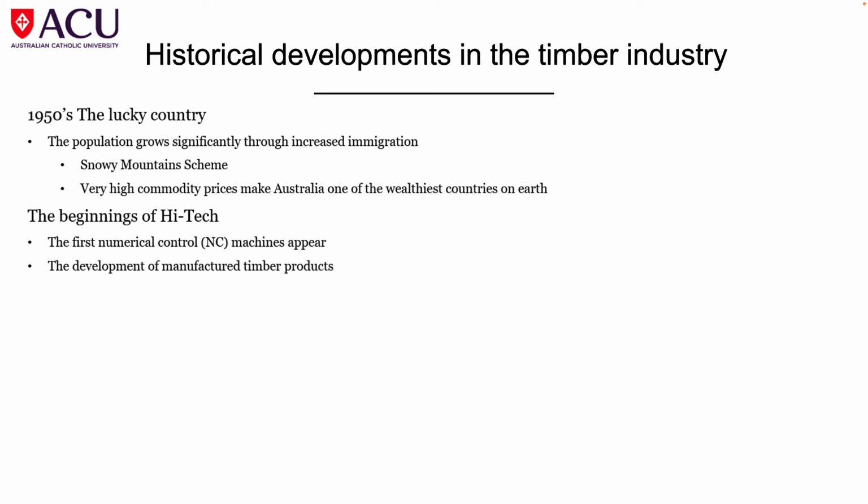The other thing we're seeing is the development of manufactured timber products. I talked about the Mosquito fighter bomber in World War II that used plywood. And you can see plywood was one of the earliest manufactured timber products. Its development started in about 1865, but it really didn't come to fruition until about 1925.